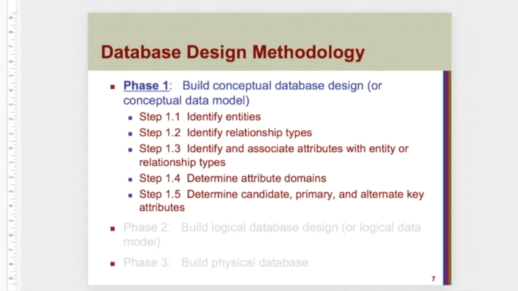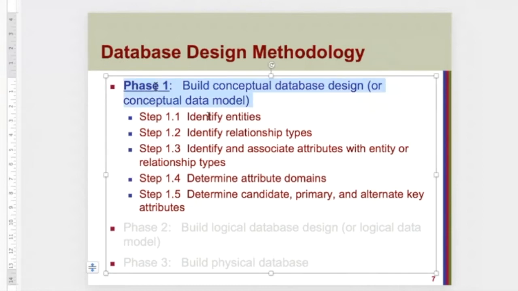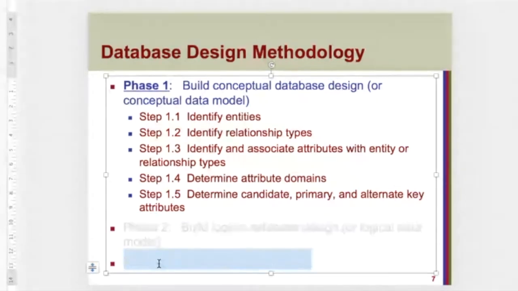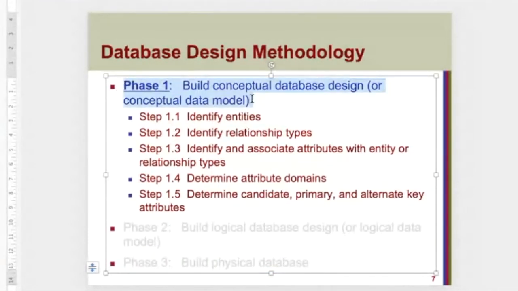Here you can see the different steps through which we can make our conceptual design. And you know that conceptual design is our phase number 1, our phase number 2 is our logical design, and our phase number 3 is our physical design. So in our first phase, conceptual design, we design our data model.